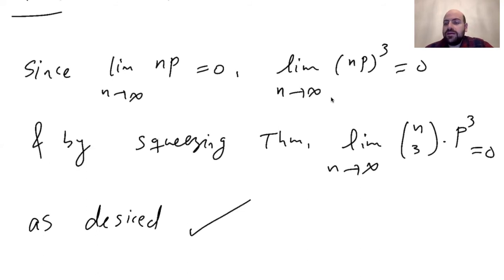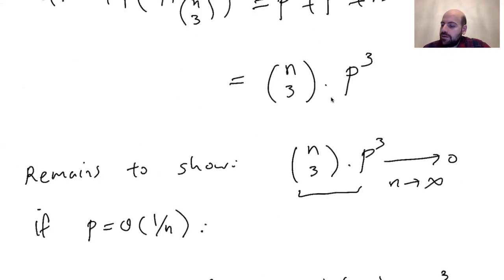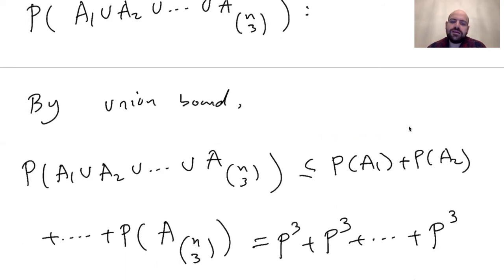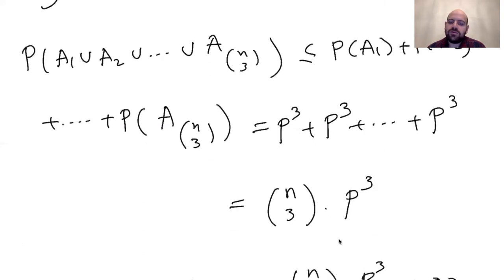So we did part A. We showed that this probability is less than this expression, and this expression is the same as this one, which goes to 0 as n goes to infinity. So this probability, which is less than or equal to it and of course non-negative, also goes to 0 as n goes to infinity.